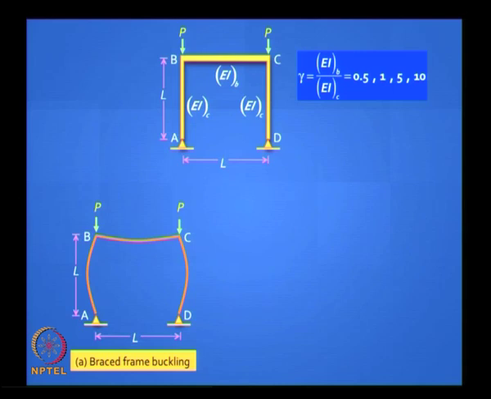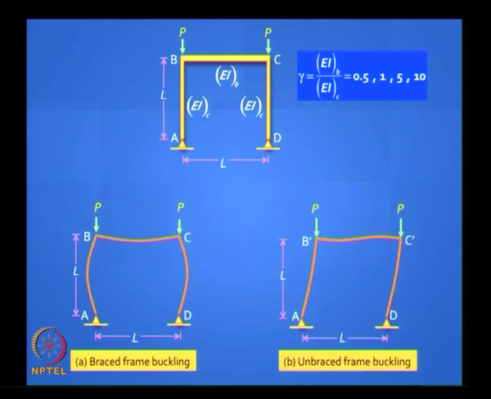Tell me what is P critical going to be bounded between, two extreme values of P critical. What is K effective? K effective is 1. One limit is 1, the other limit 0.7. Good.